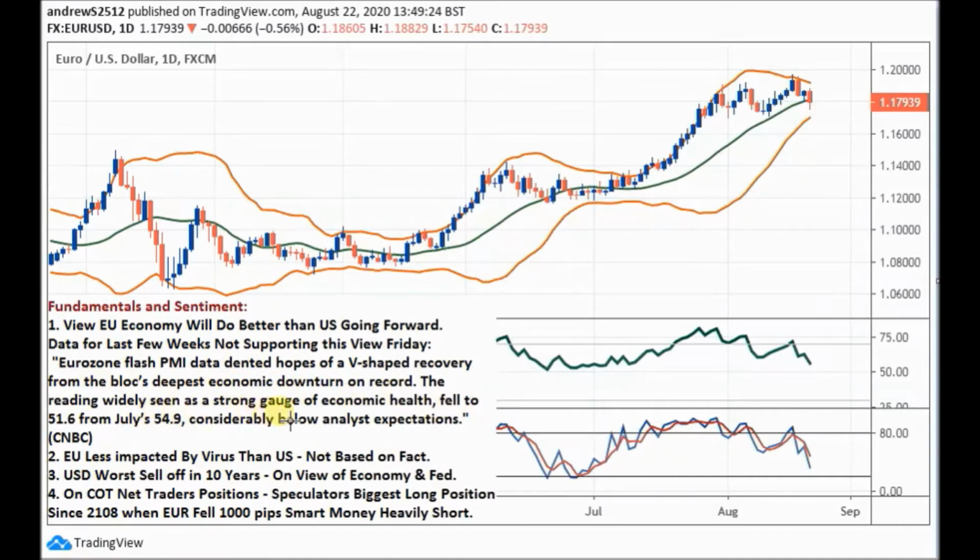The reading, widely seen as a strong gauge of economic health, fell to 51.6 from July's 54.9, considerably below analyst expectations. There was going to be no V-shaped recovery in the Eurozone. I think it was just more hope than anything else, but the PMIs came in below expectations. I think anyone looking for the Eurozone economy to do well going forward will be reconsidering their view. There are too many structural problems in the zone anyway for it to recover quickly.